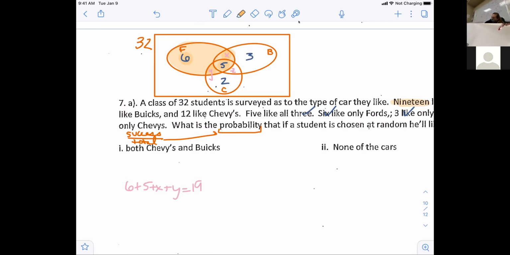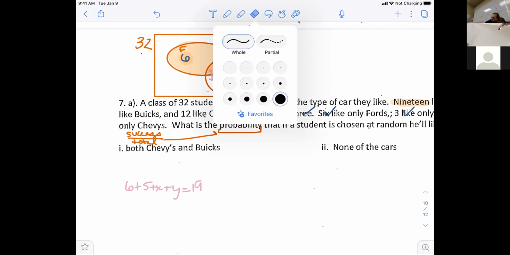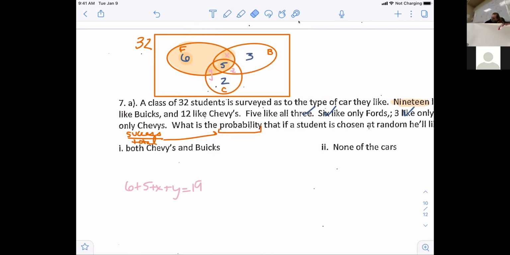Okay, now we're going to do my Buicks. The Buick circle goes like this. It has 3 plus 5 plus X plus Z. These are all the pieces that make up the Buicks, and again, that adds up to 19. And then my last circle is my Chevys.